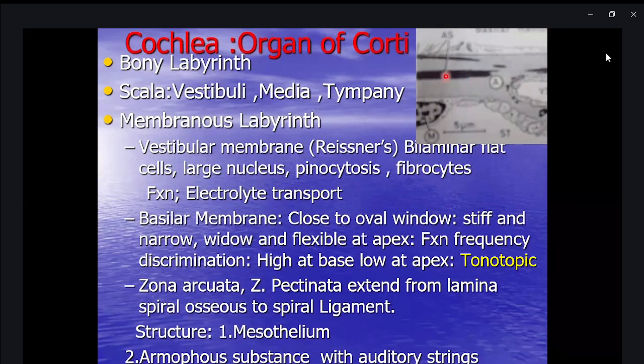Those three or four collagen fibers are sometimes referred to as auditory strings, because by detecting the vibrations, they are able to send that information, and therefore we are able to perceive the sound.